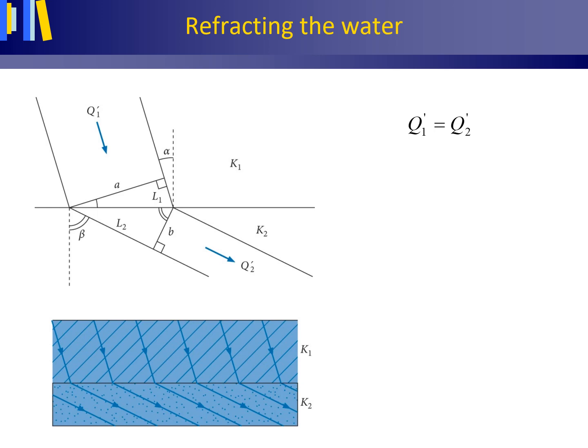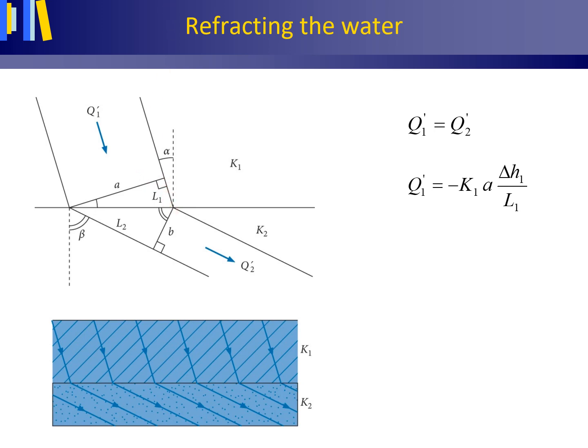Darcy's law for layer 1 states that the volume flux in layer 1 in square meter per day, Q1 with the prime, equals minus K1 times A times delta H1 divided by L1, with K1 being the saturated hydraulic conductivity of layer 1 in meter per day, A being the width of the area perpendicular to the groundwater flow in layer 1 in meter, and delta H1 being the difference in hydraulic head in meter over distance L1, also in meter.